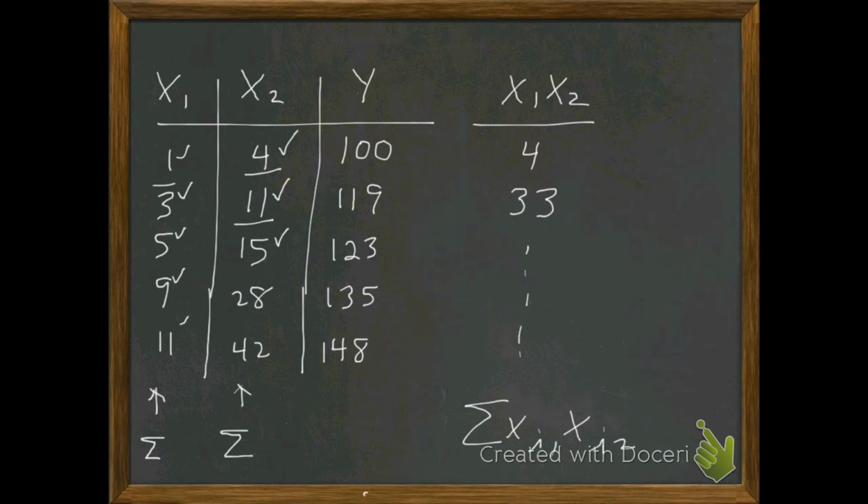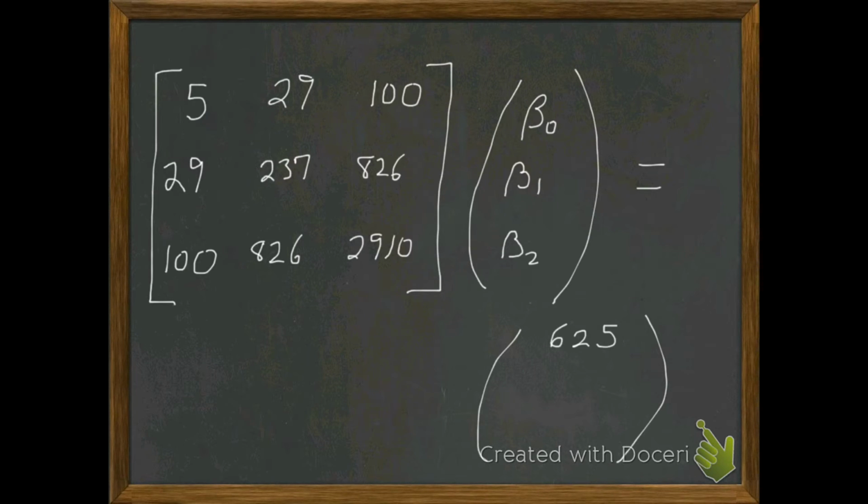I would take 1 times 100, 3 times 119. You can see we're going to get a pretty big number here. I did this earlier and got 3,915. Guys, the other term I think is pretty clear, 13,550 is what I get when I multiply the x2's times the y's, the corresponding parts.